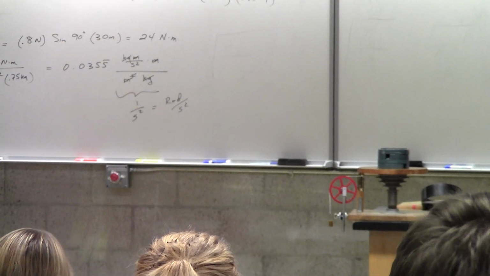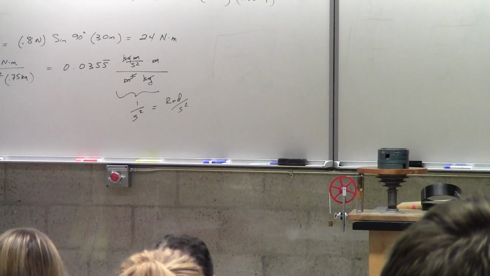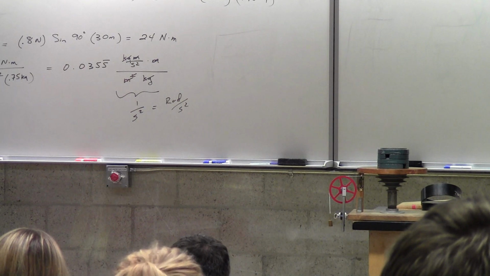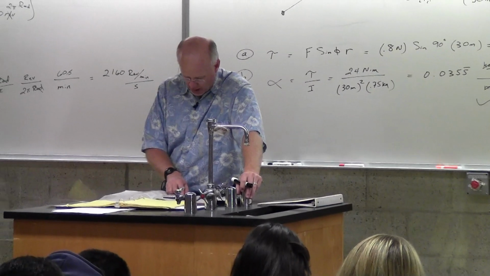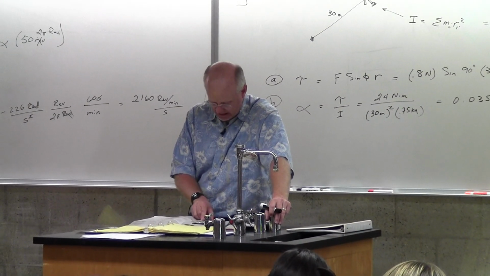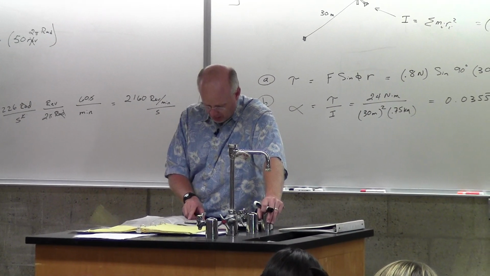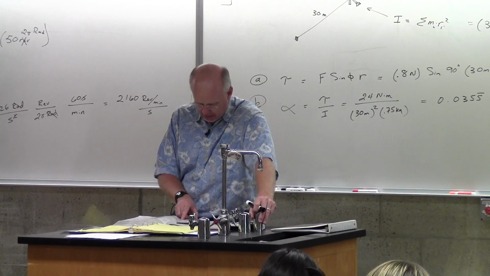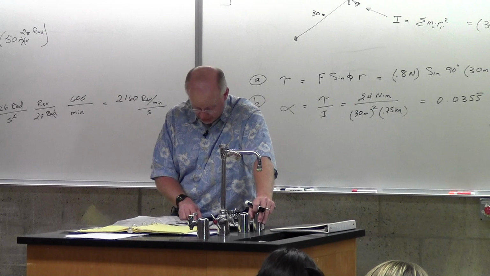All right, I'll keep going. Figure 49 shows a counterweight of mass little m suspended by a cord wrapped around a spool of radius little r, forming part of the turntable supporting the object. The turntable can rotate without friction.